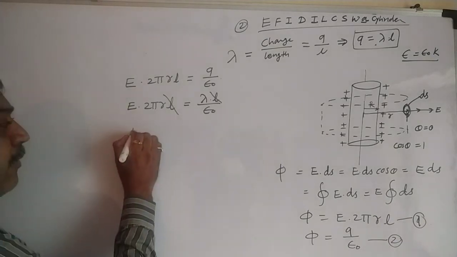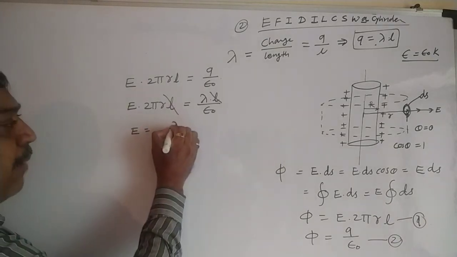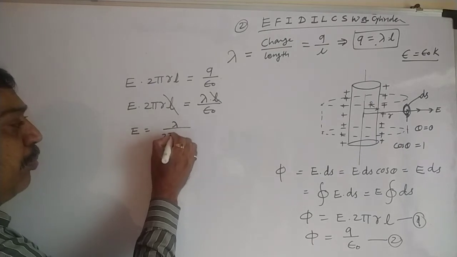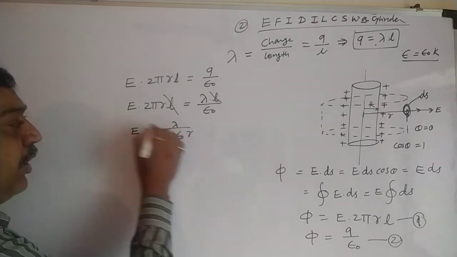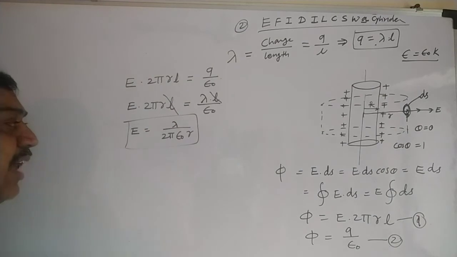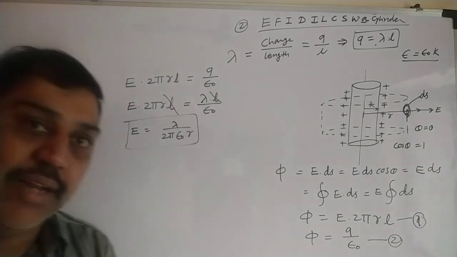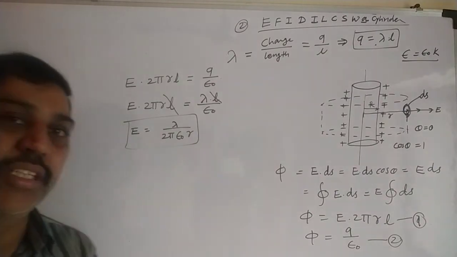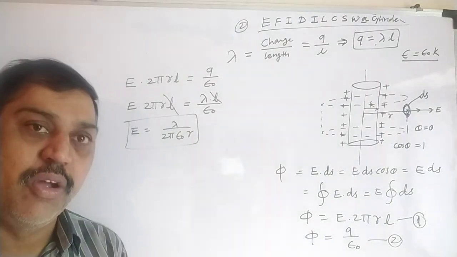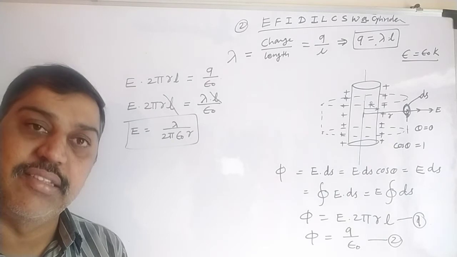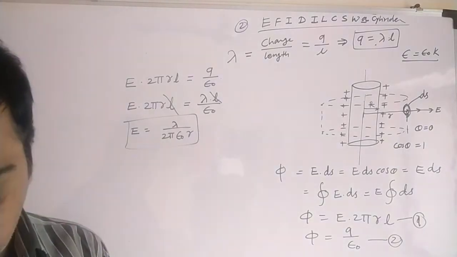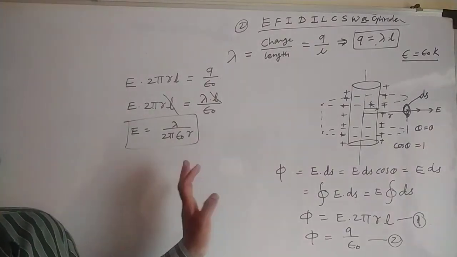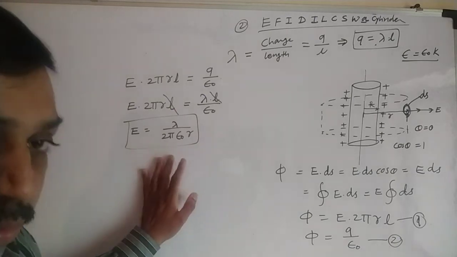Find E: E equals lambda divided by 2 pi epsilon 0 into R. So we get this as the equation for the electric field intensity at a distance small r away from a charge conducting straight wire or charge conducting straight cylinder of infinitely long length. This is equation 8.6 from your book.